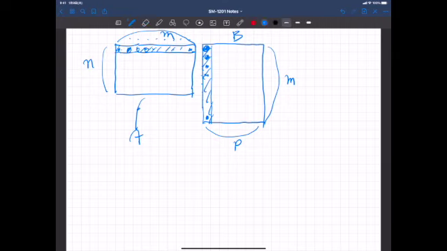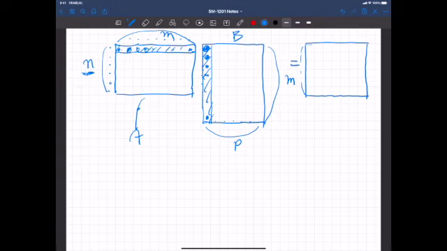So the product will have the size of 1, 2, 3, 4, 5, 6 by 1, 2, 3, 4, 5, 6. So the product will have the same number of rows as the first matrix, and the number of columns of the product will be the same as the second matrix, 1, 2, 3, 4, 5, 6, 7.